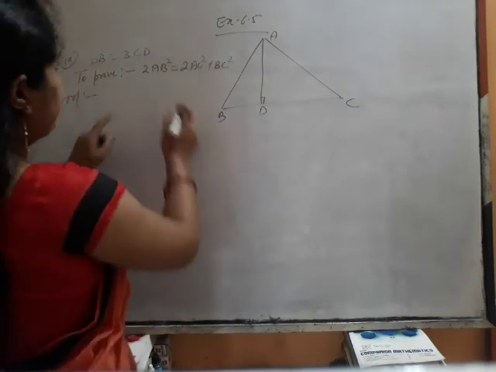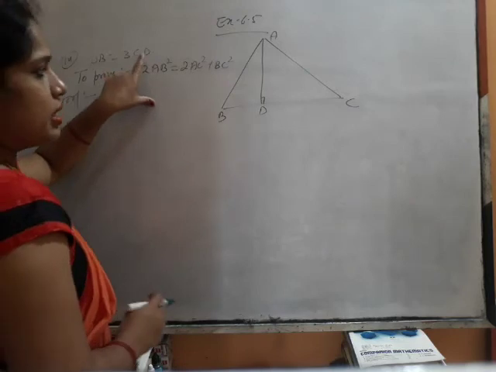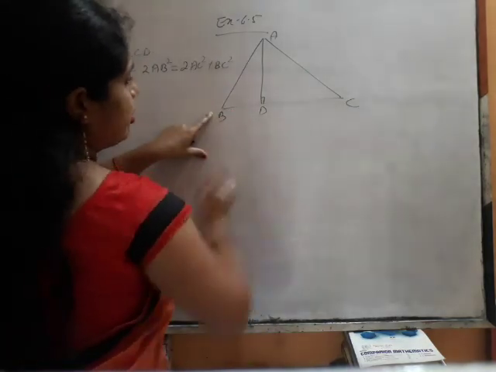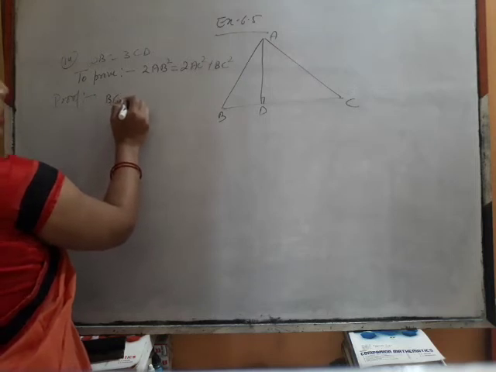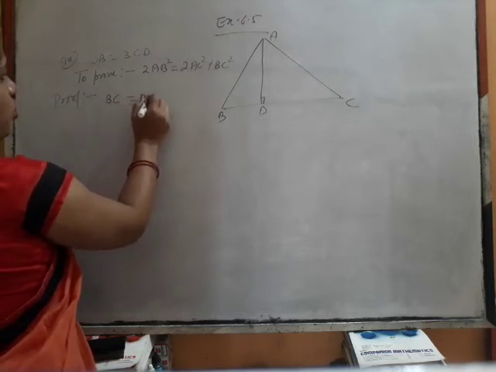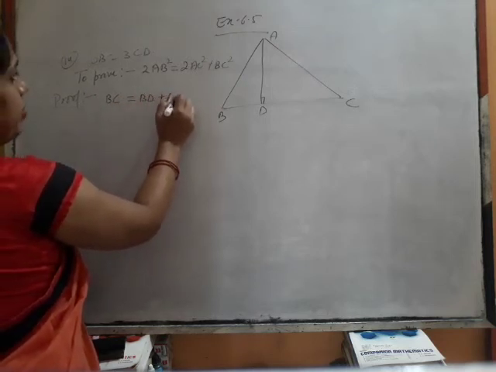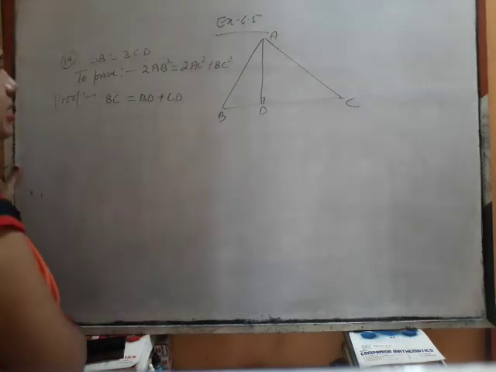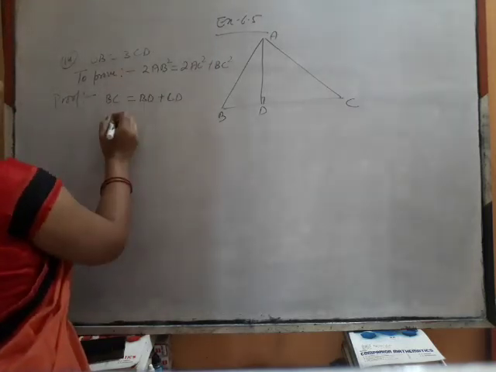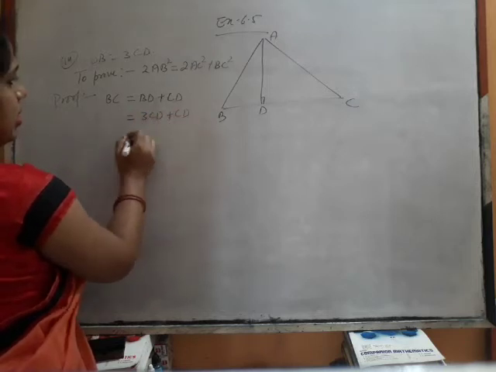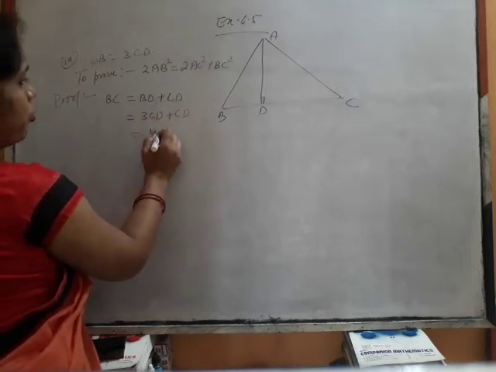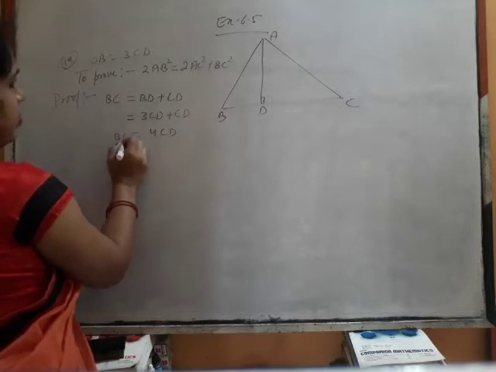Here you see DB is equal to 3 CD, and if we talk about BC, then BC is equal to BD plus CD, but BD is given thrice of CD. So it is 3 CD plus CD is equal to 4 CD, that is BC.